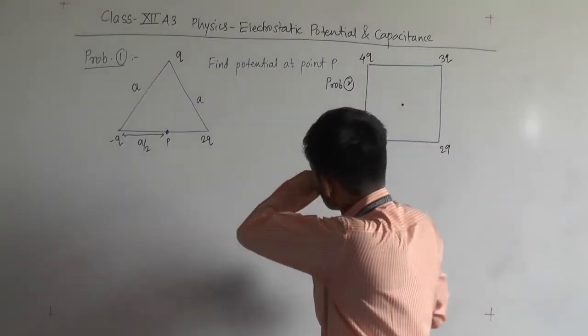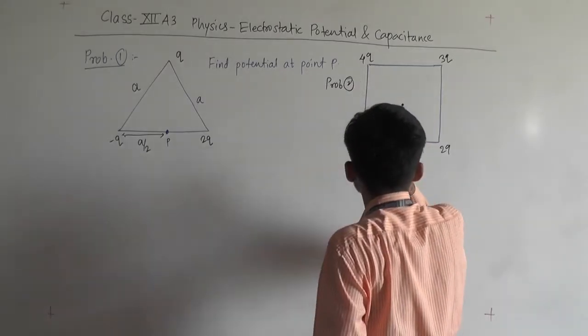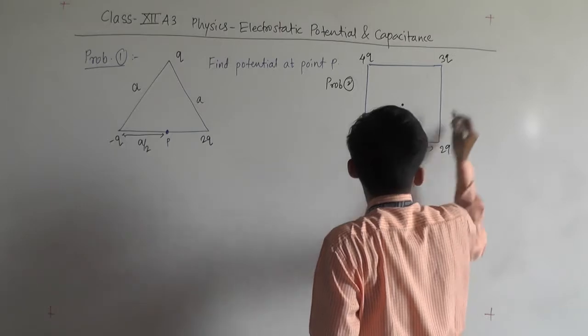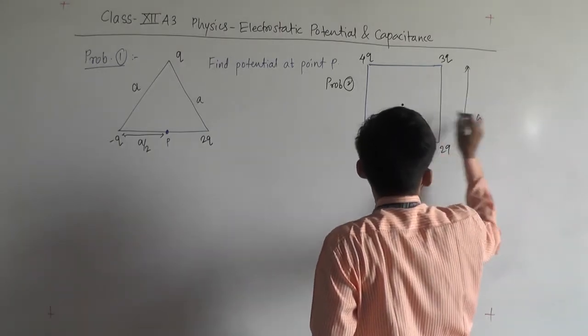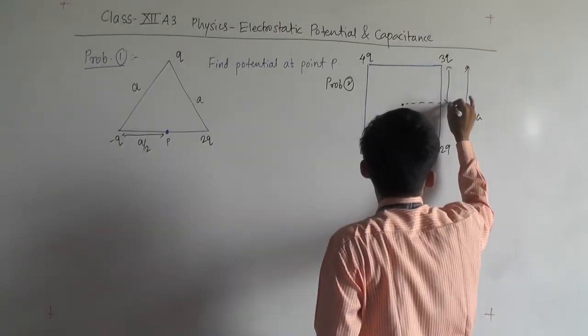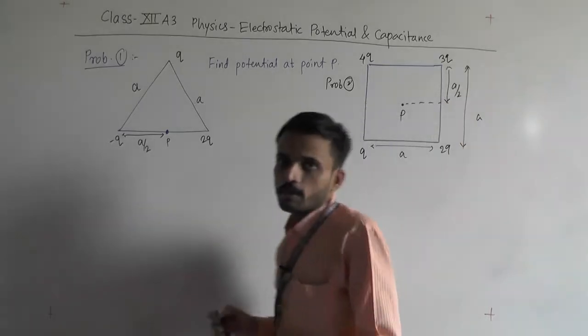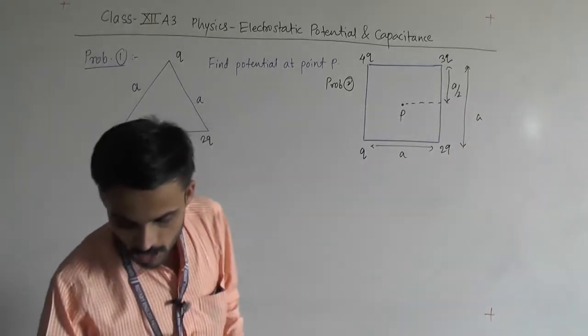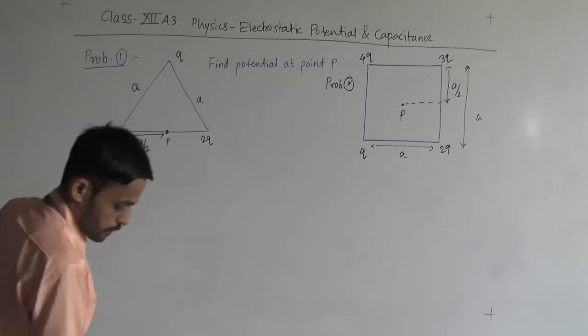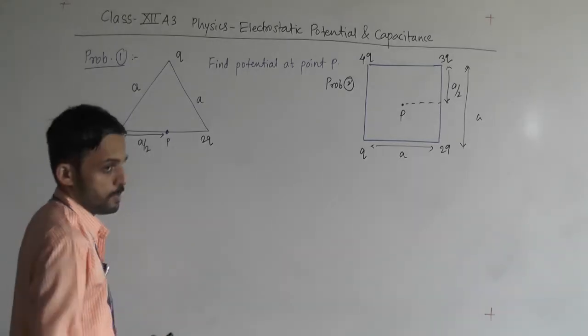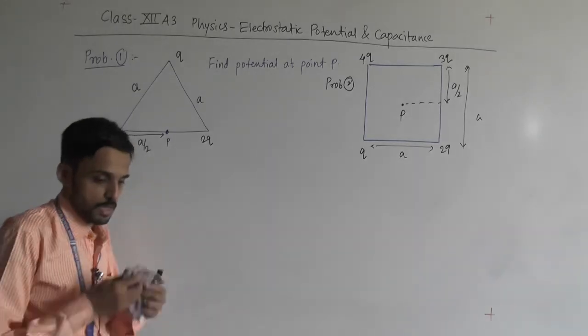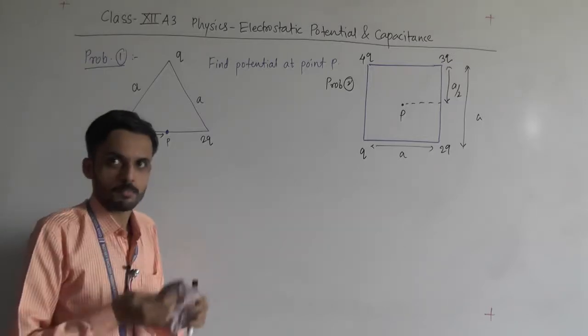So first of all, we will try to solve the problem. This side is A and this also is side A, and this is given as A by 2. So we shall start solving for the potential at point P. Now potential at point P is very simple.